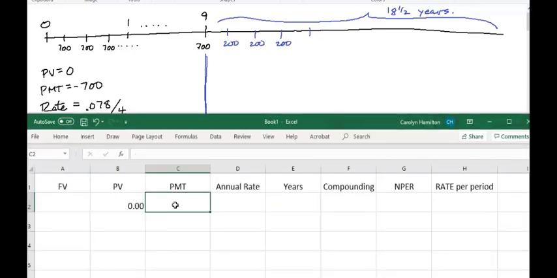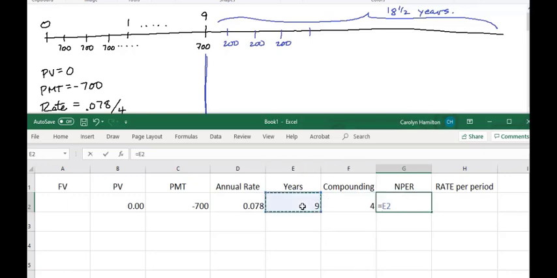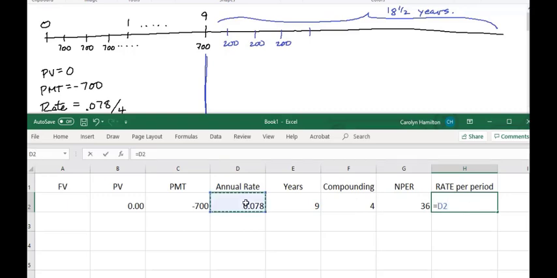Present value, payment, annual rate for 9 years, compounding quarterly. Number of periods will be 9 years times 4 quarters per year for 36. And the rate per period, 0.078, but that needs to be cut into 4 equal pieces so that you have per quarter 1.95%.